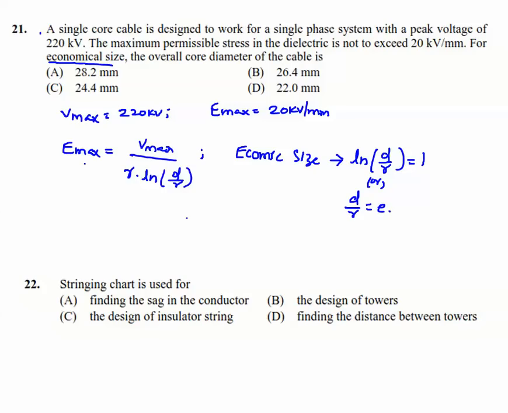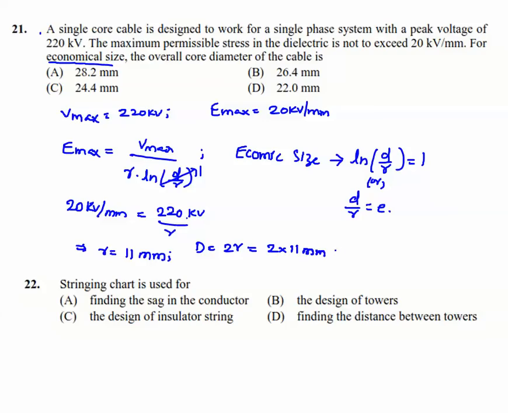So this is going to be 1 here, and E max is nothing but 20 kilovolts per millimeter, is equal to 220 kilovolts by r here. So by solving this, r is nothing but 11 millimeter. In the given question, we need to find the diameter. So D is nothing but 2 times the radius. This is equal to 2 into 11 millimeters. This is nothing but 22 millimeters. Okay, and the suitable answer is option D here.